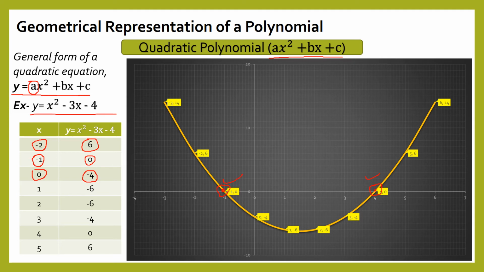This is because the number of zeros of a polynomial cannot be more than the degree of the polynomial. As the degree of a quadratic polynomial is 2, the maximum number of zeros for a quadratic polynomial is also 2.